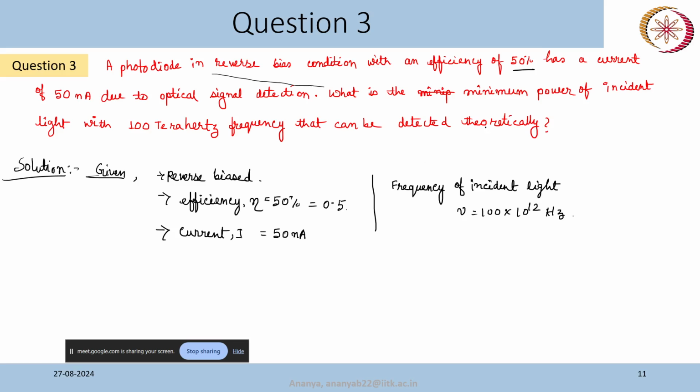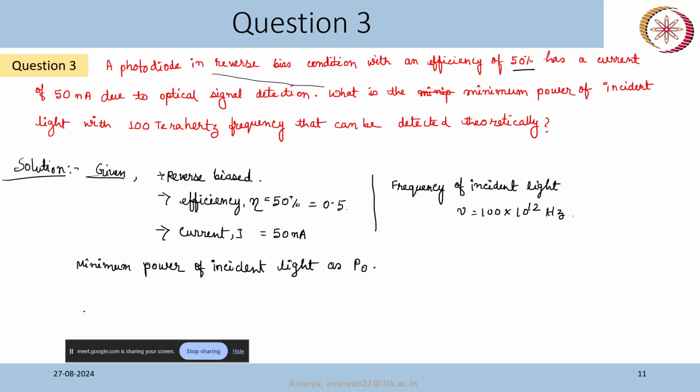We have to determine the minimum power of the incident light. So let's consider the minimum power of incident light as P naught.